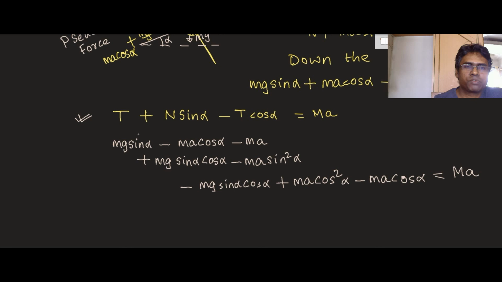Again, I suggest you pause the video and make sure you understand how I obtained this expression. Now, if you look at this equation, the mg sin alpha cos alpha terms cancel, and then on the left hand side we have mg sin alpha.